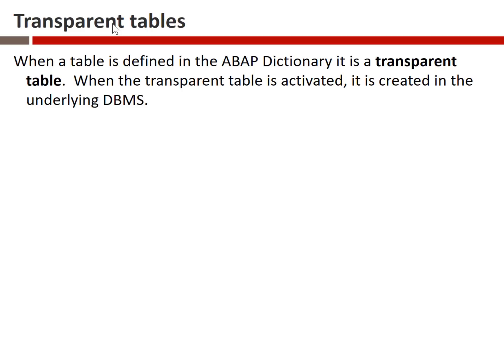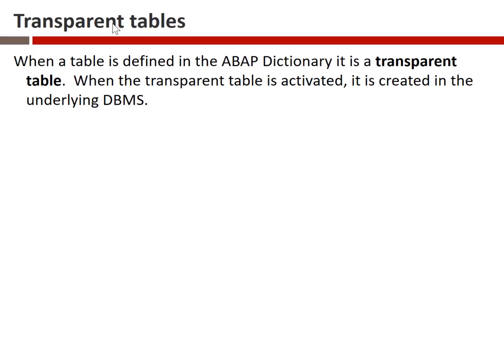Let's get a little bit more specific. If we go into the ABAP data dictionary and we create a definition for a table, which we won't do now, but we will do shortly enough, what we are actually creating at that point is something called a transparent table, which means that it exists in the context of the definition in the data dictionary, but it doesn't actually exist in the underlying database.